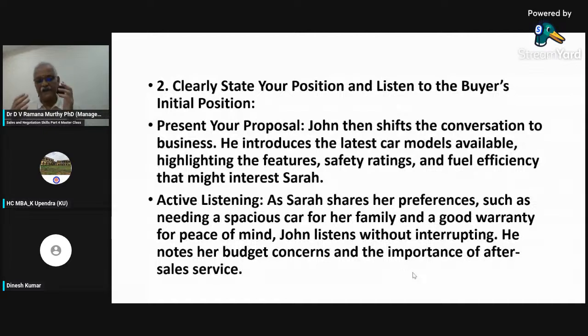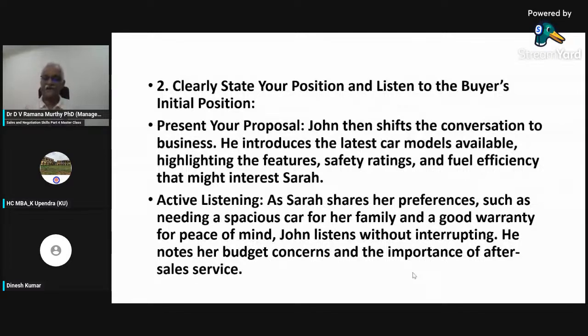Then, I've already told you, and it's a repeat thing that you should adhere to active listening. As Sarah shares her preferences, such as needing a spacious car for her family, and if she needs a good warranty for peace of mind, and all that, John slowly, patiently listens without interrupting her, and he notes everything she presents, and he also notes her budget concerns.